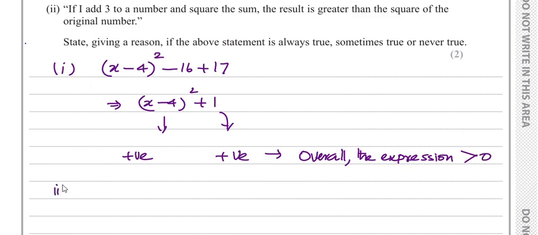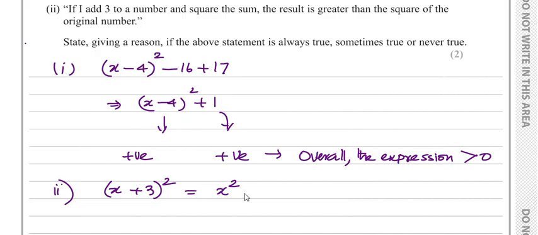Second part. If I add 3 to a number and square the sum, the result is greater than the square of the original number. State, giving a reason, if the above statement is always true, sometimes true, or never true. So we need to put this to the test. If I add 3 to a number, let's say x is a number, and I put plus 3 here and square this, what do we get?